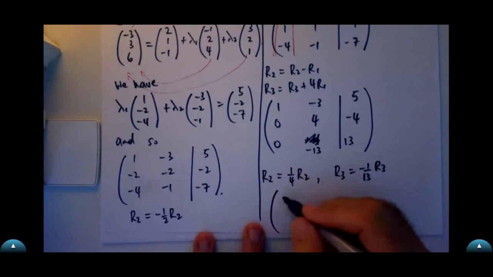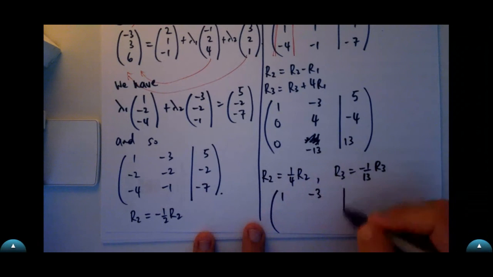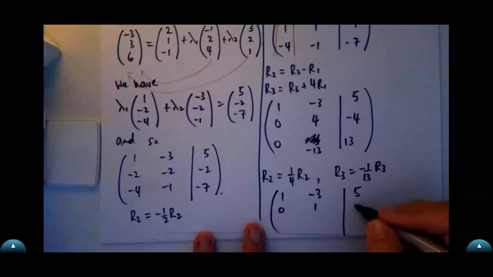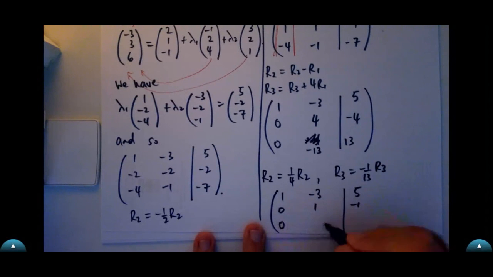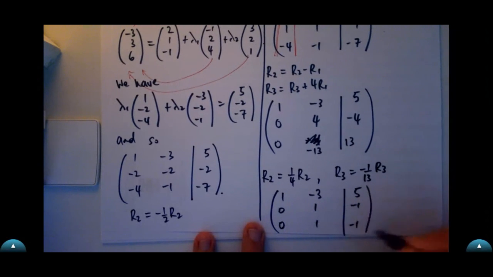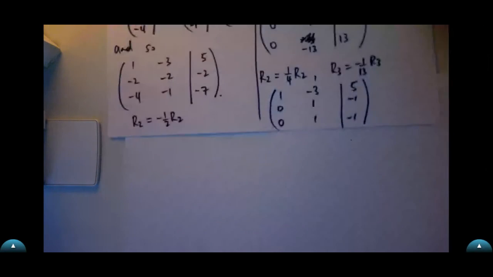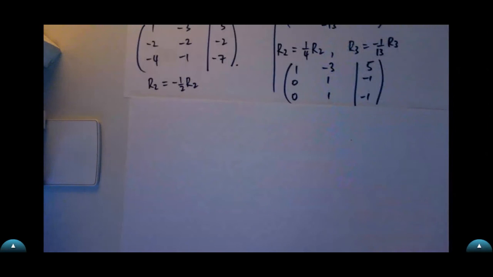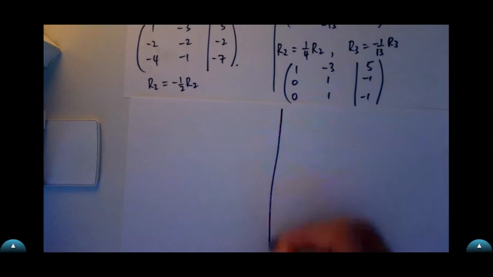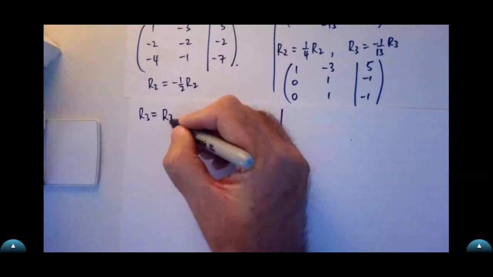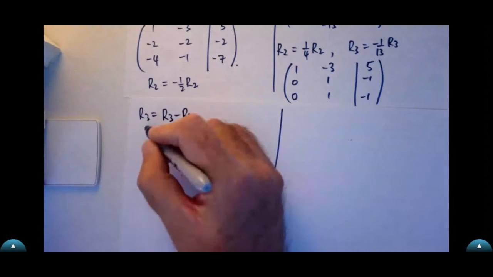But you don't have to do this step, but I'm going to do it. And you can see, well, row 2 and row 3 are exactly the same. So it's very easy to finish this off now. Row 3 is going to be row 3 minus row 2.